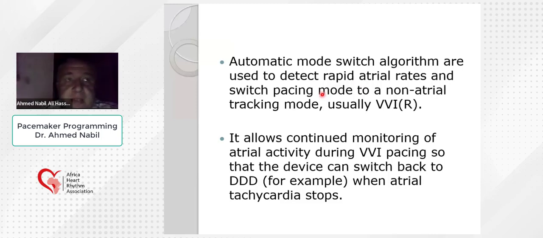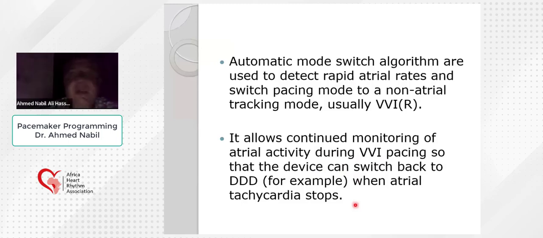So the pacemaker switches to VVI, and there is continuous monitoring of the atrial activity during the VVI pacing. And when the atrial arrhythmia is terminated, the device can switch back to dual chamber pacing with normal tracking when the atrial tachycardia stops.